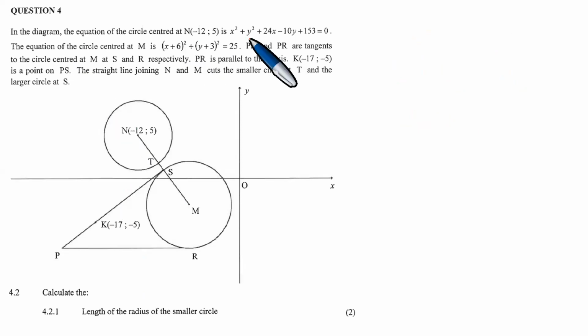The information above, we read everything. The circles have been redrawn. Calculate the length of the radius of the smaller circle. What is the length of the radius of the smaller circle?